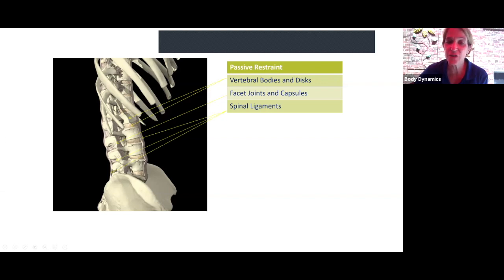And then if you'll notice all of these ligaments that travel from the bottom of your spine all the way up in the front, and from the bottom of your spine all the way up in the back, and some in between sections as well. Those spinal ligaments also can have different qualities depending on how you came out of the factory.